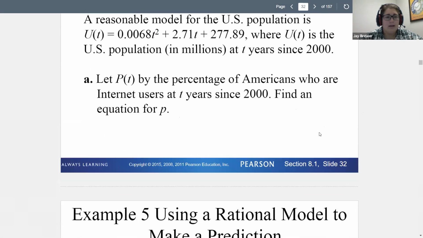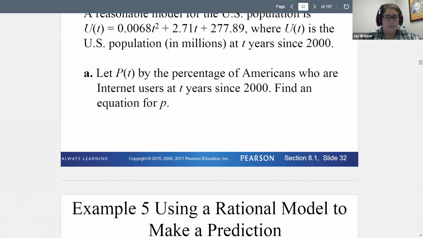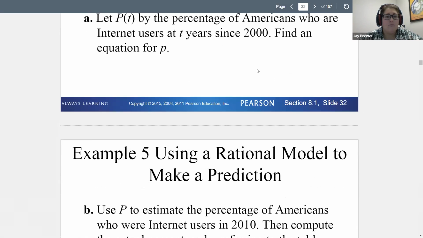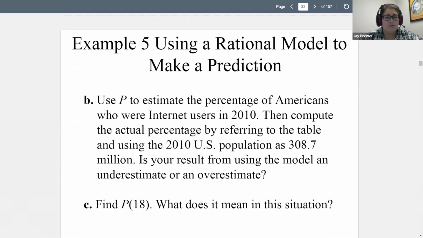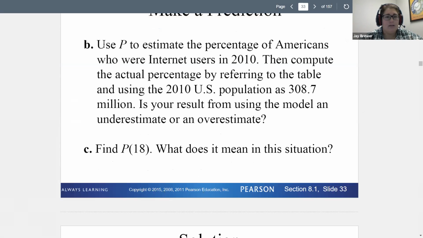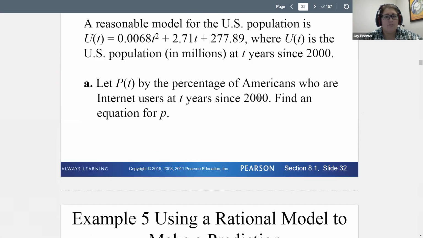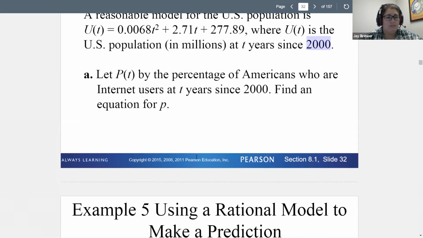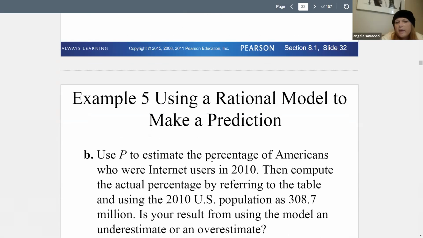So what we care about for part A, we want to find P of T. So basically we're finding the equation. For B, we're going to use the equation and find it for 2010. Now, if our initial start time is 2000, what would we plug in as our T if we care about 2010? 10.